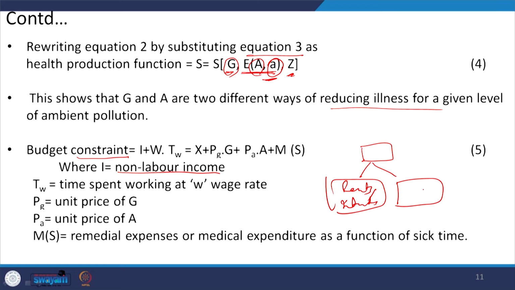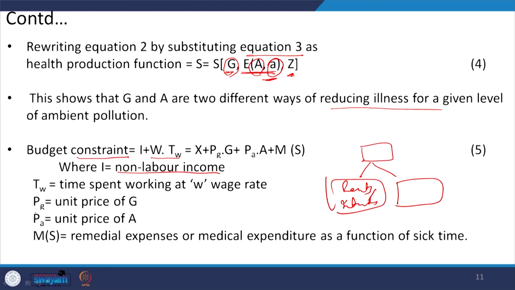So, in the budget constraint we are talking about the first part, that is Y, non-labor income, and the second component of his income is how many hours the person is working at this wage rate of W. Obviously, W times the time is the income from his labor.